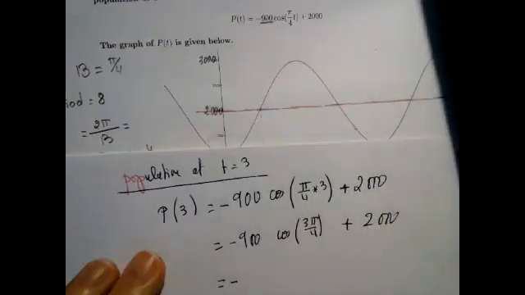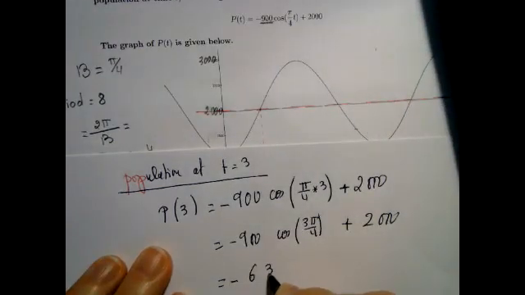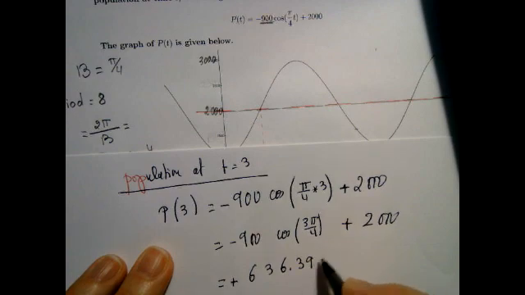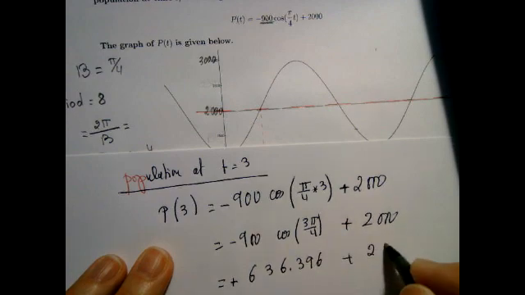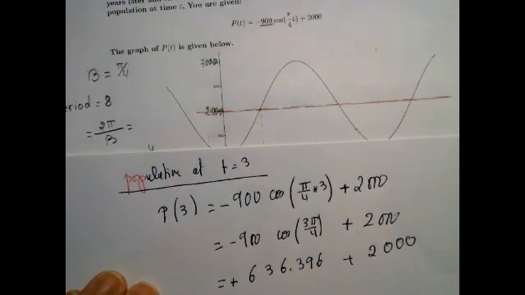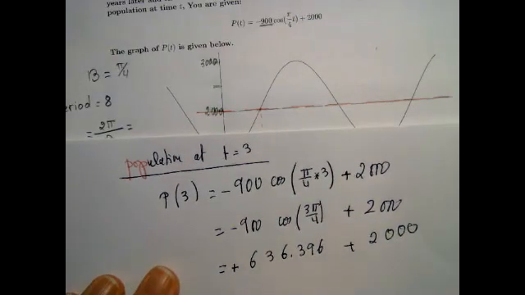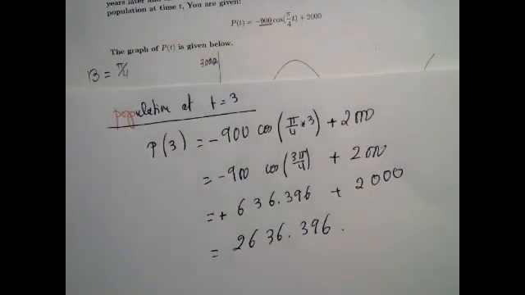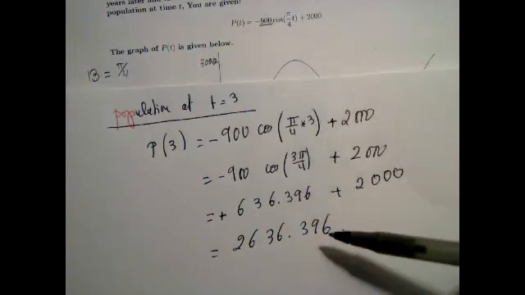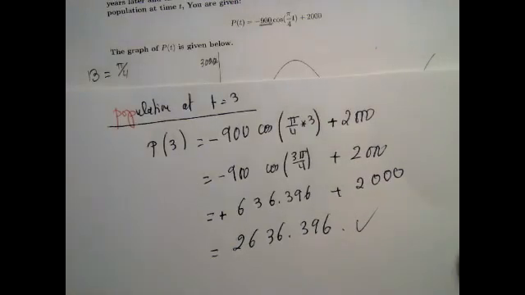So I'm getting minus 3.396 plus 2000. And this is going to give me 2,636.396. Okay, so that's the population after 3 years. So if I know the formula, it's easy to find the population.